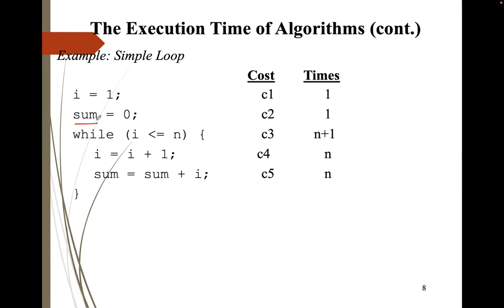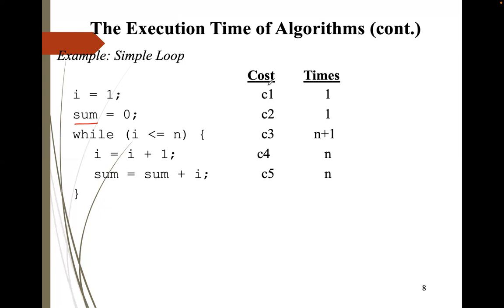Then sum is going to be used as the accumulator variable. Here we're actually calculating the sum of the series 1 plus 2 plus 3 up to n, inclusively. So sum we're going to initialize with 0.